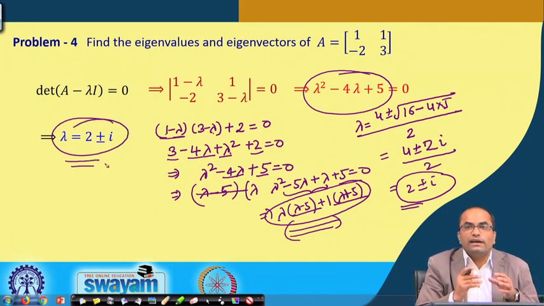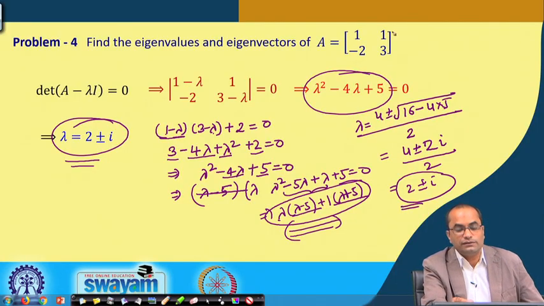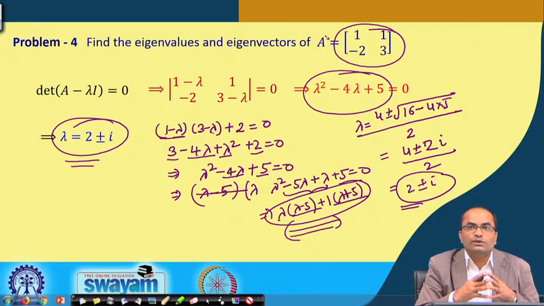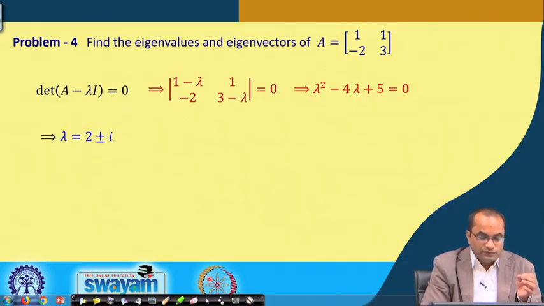So, there are 2 eigenvalues. What is interesting in this example is that we are getting 2 complex values for the eigenvalues, though the matrix here was a real matrix. We had the entries 1 1 minus 2 and 3, but we are getting 2 complex values for the eigenvalues in this case.